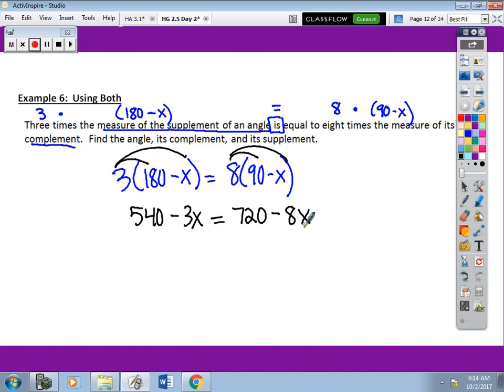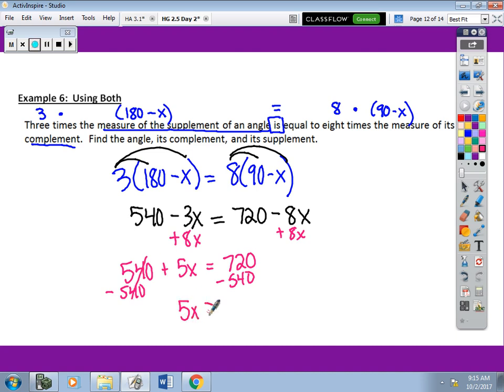And then you guys can solve from there however you like, whether you want to add 8x or add 3x. And then we'll subtract and divide. We should get 36.